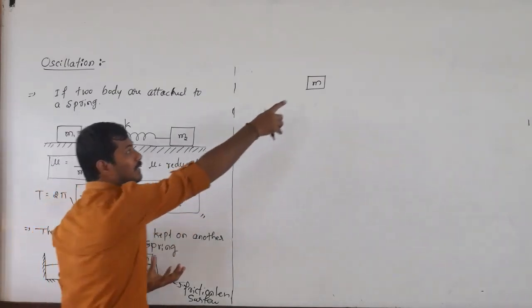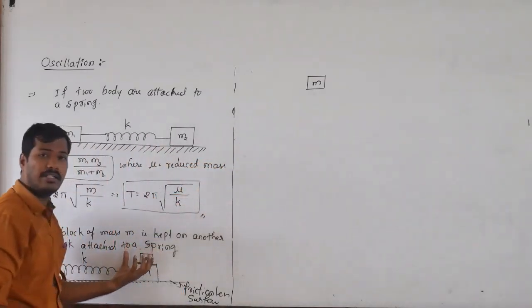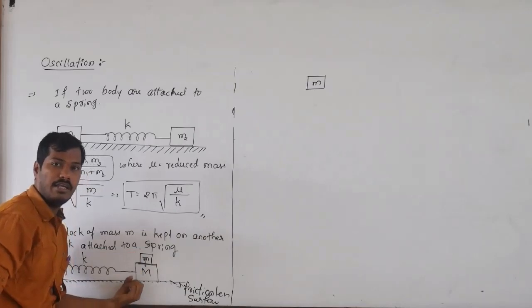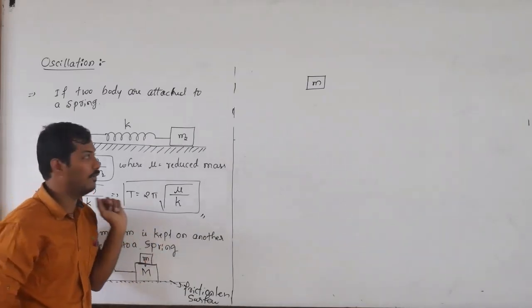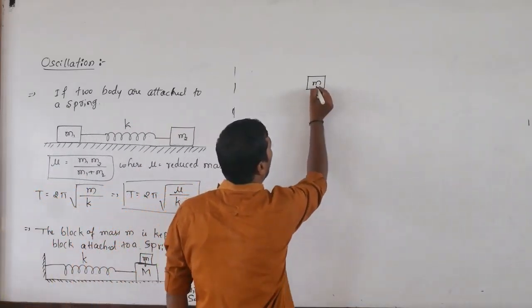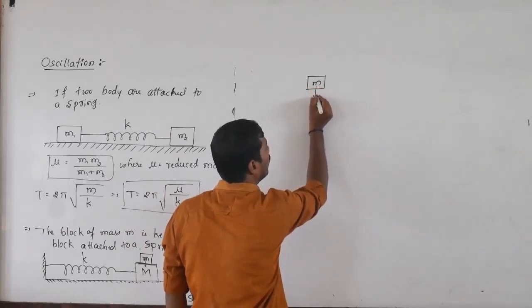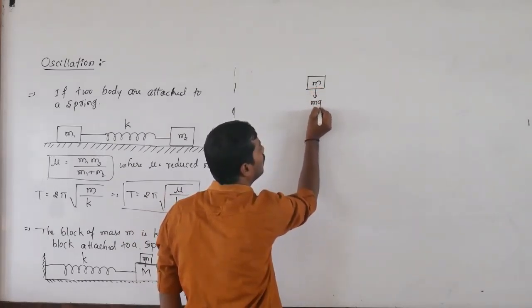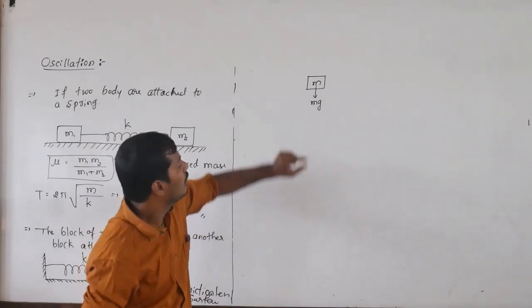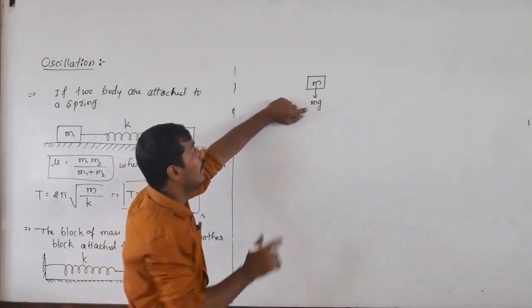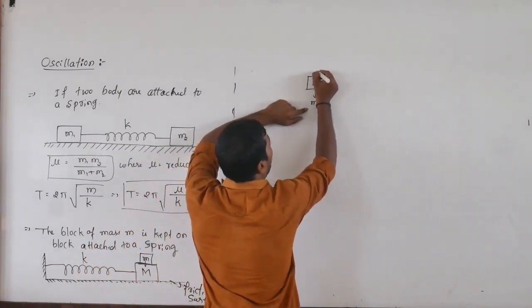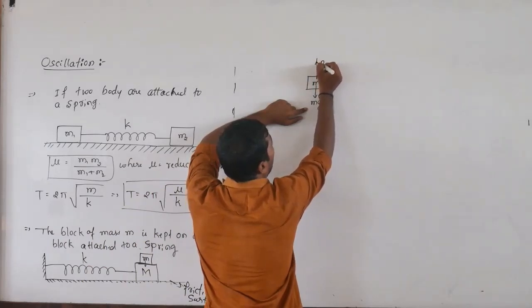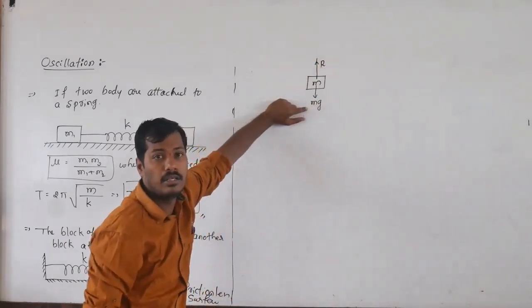It is under the action of gravity, so towards the earth, always the force mg is there, and in upward direction, the normal reaction is also there.